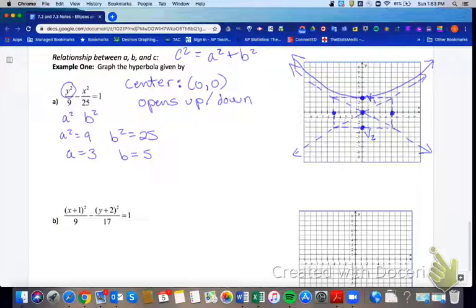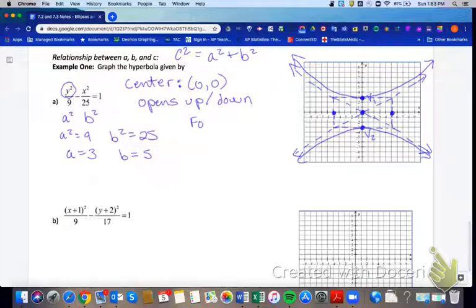Once you have the top one drawn, go to the bottom vertex and do a similar one, but this time it's going upside down. Both sides of the hyperbola need to follow the asymptote lines going out. That's a hyperbola.